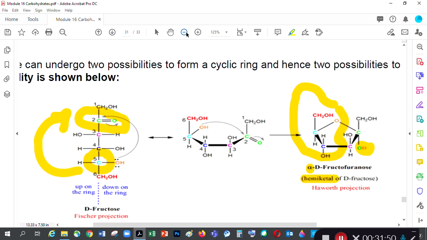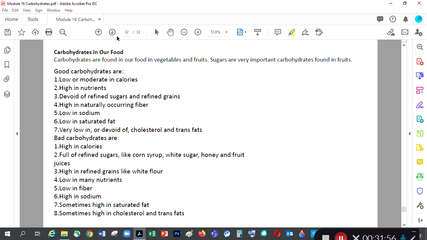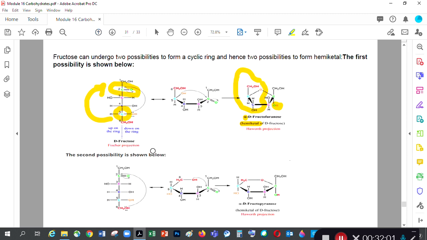Okay? Let me just bring it back again to normal. So now the last thing here about this project, let me check. Here's the secondary possibility that you can make out of this fructose. Here we did 5, correct? You can here do 6 connected to 2.